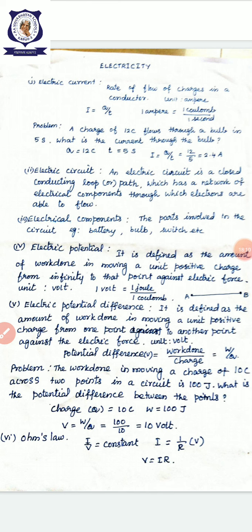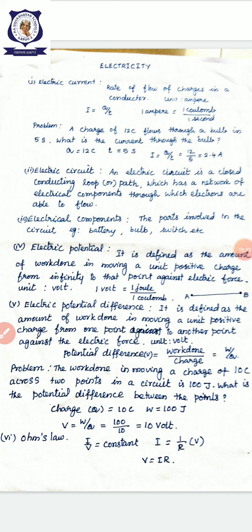Once again I repeat, the electric potential difference is defined as the amount of work done in moving a unit positive charge from one point to another point against the electric force. So potential difference is equal to work done by charge, W by Q. Already we know this.